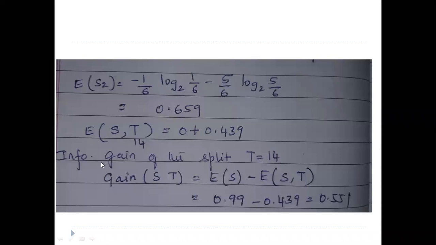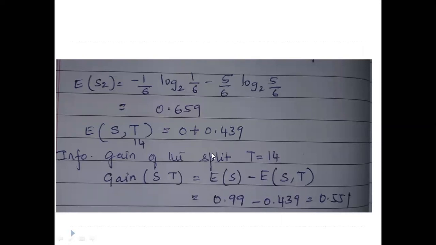Now, how do I calculate the information gain of the split where the split is at t equals 14? The gain of S,t is calculated as the entropy of the original set minus the entropy of the set where you have taken the split at 14.